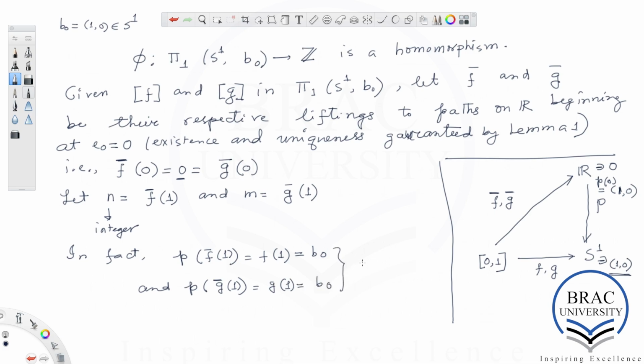This is the case since F and G are both loops based at B0, so that both F bar of 1 and G bar of 1 belong to the inverse image of B0. It's clear from this.